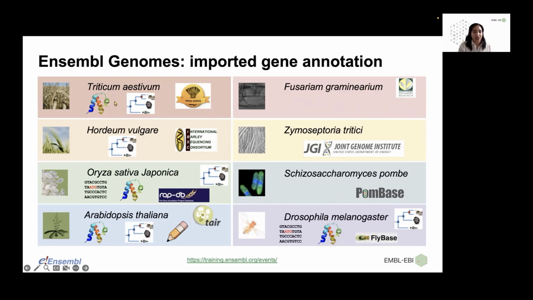For wheat, Triticum aestivum, we take information from the INSDC RefSeq collaboration, and the genes annotated here are done by automatic annotation and also homology predictions. So it really depends on the species in the Ensembl Genomes site where we take that information from.